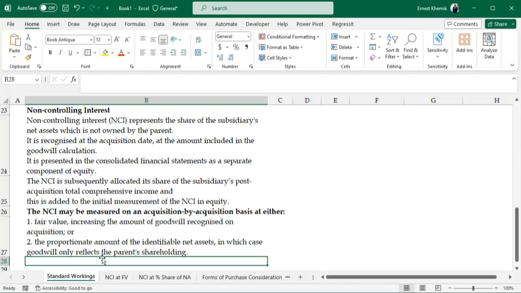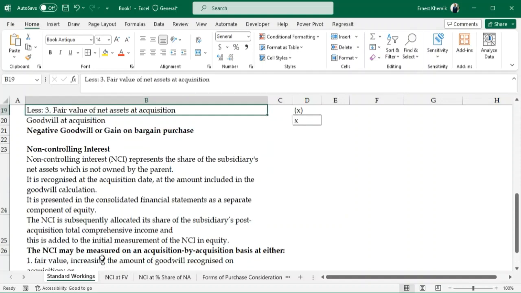Alright, so that is it. Now we also recognize it according to IFRS 3 business combinations. We recognize this just like we recognize goodwill at acquisition. Goodwill is recorded at acquisition. Same applies to non-controlling interest.